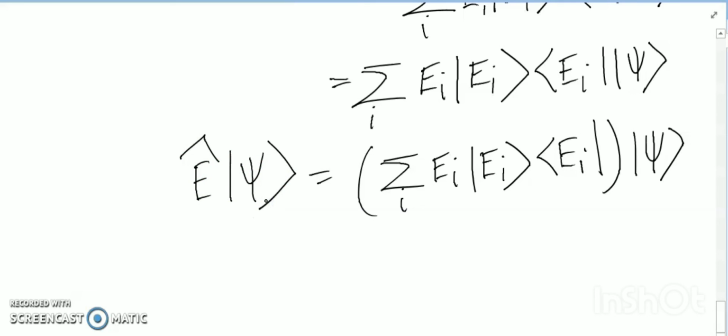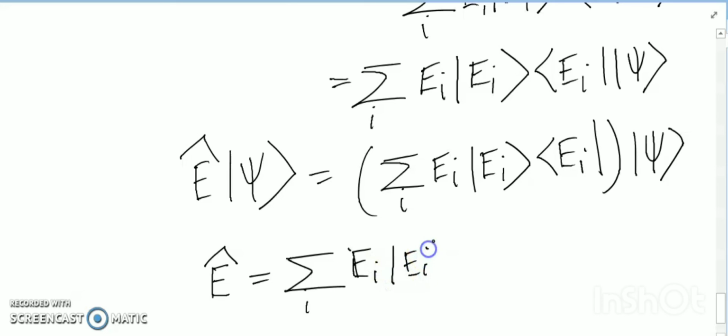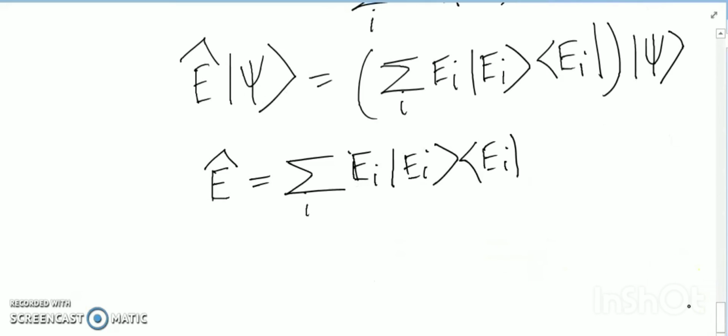So we found that the action of the observable on any psi is the same as the action of the sum of operators. In other words, they are equal. So E cap can be written as the sum over i of ei |ei⟩⟨ei|.